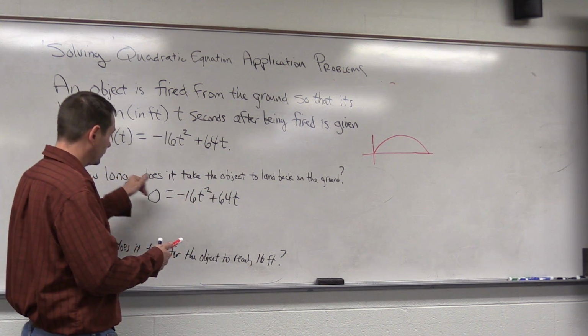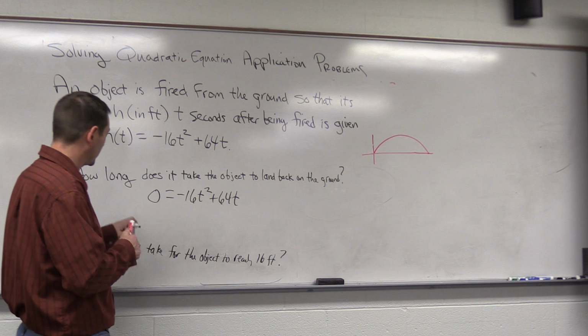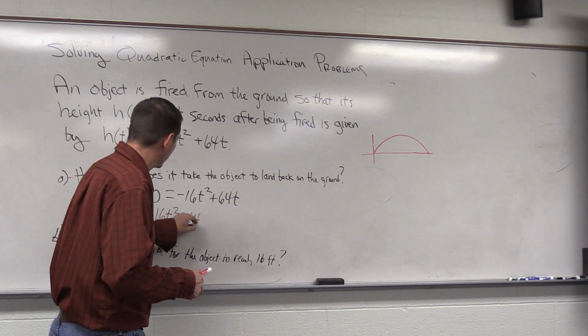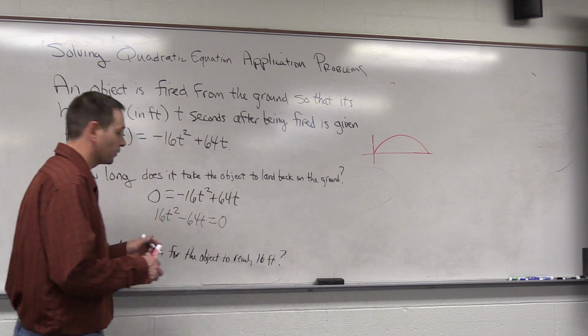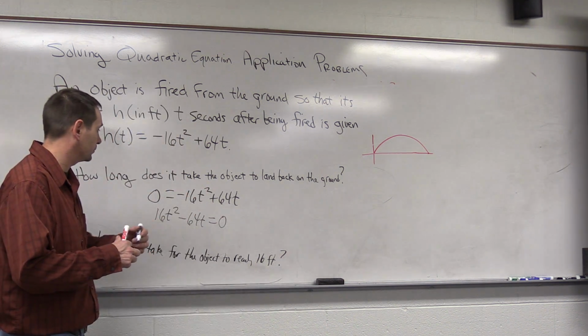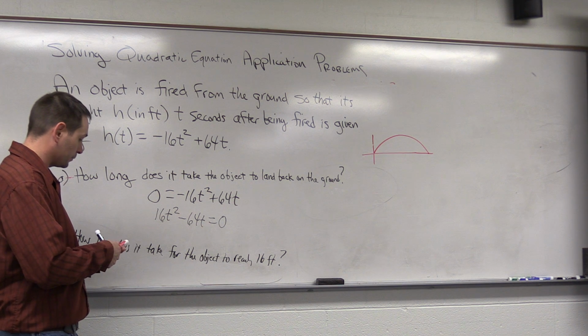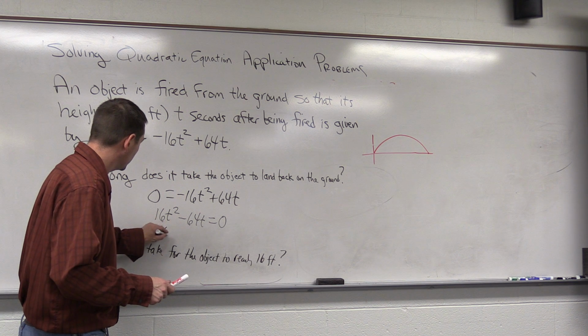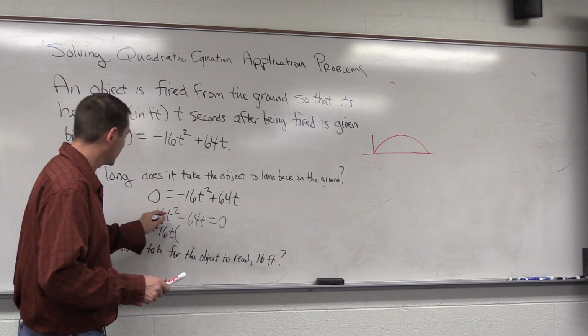Or, if you like them positive, send them over to the other side. So you really have 16t squared minus 64t is equal to 0. You want your leading coefficient positive by just adding and subtracting that to both sides. Now factor out the GCF. Always look for a GCF first, of 16. And a t actually comes out of that too.